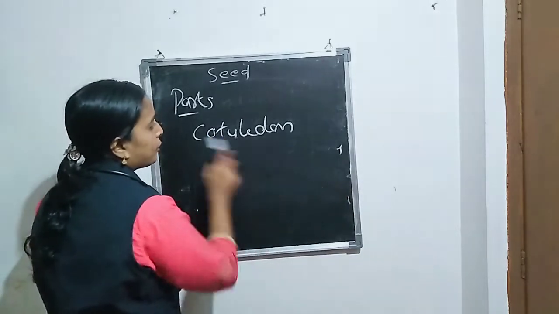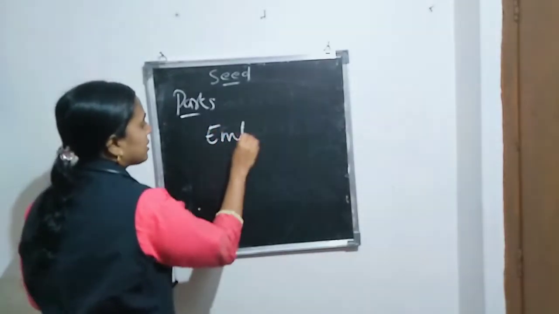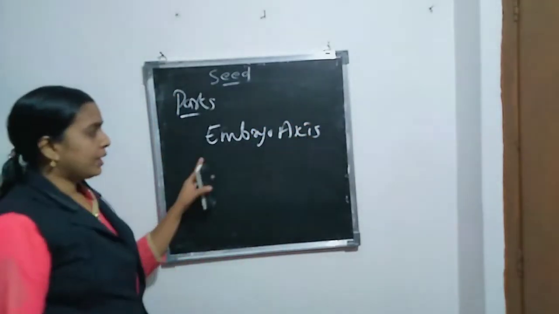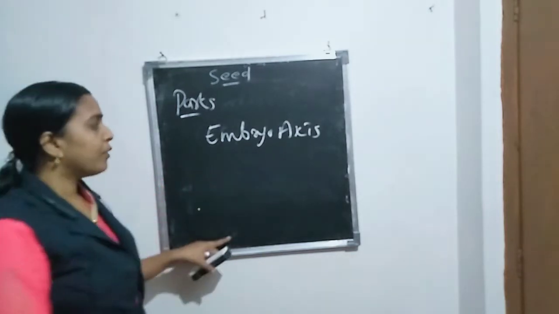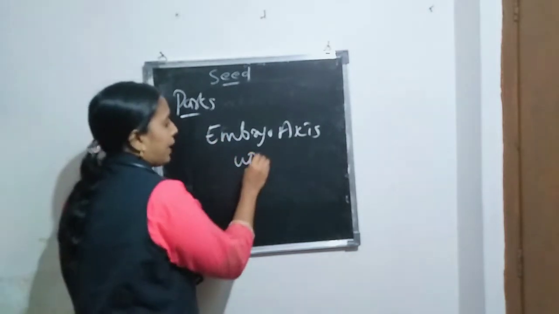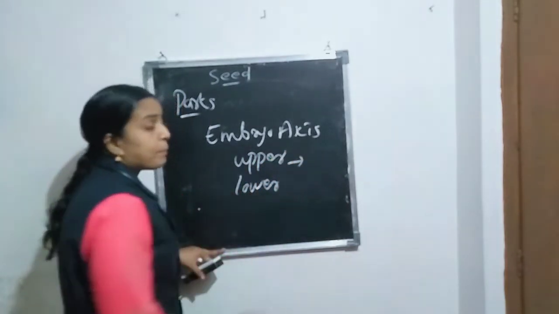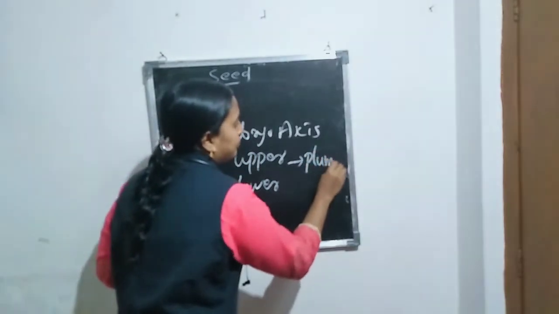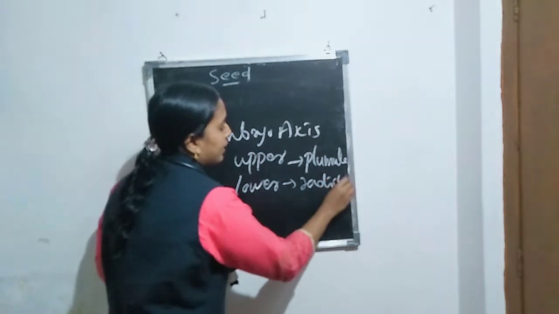The next part of the seed is the embryonal axis or embryo axis. Embryo axis consists of two parts, upper and lower. Upper part is known as plumule and lower part is known as radicle.